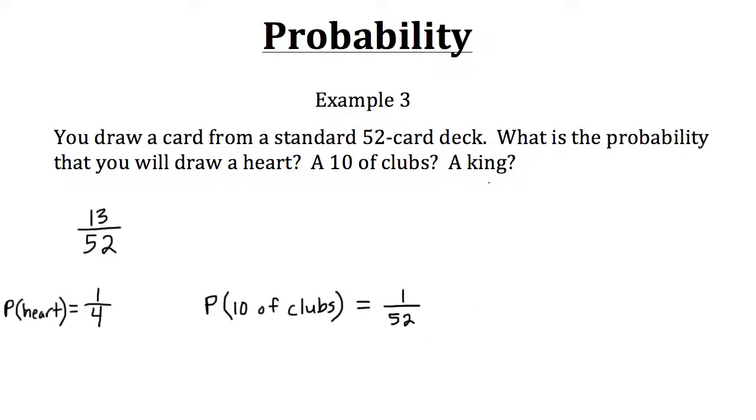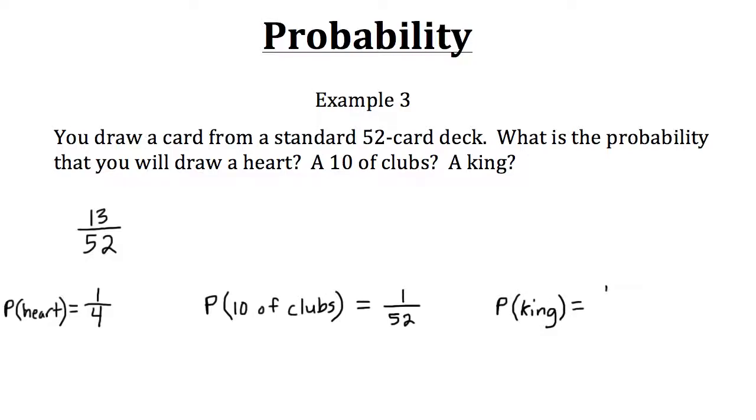Now we have one more event. What's the probability of drawing a king? In a standard deck, there's one king for every suit. Since there are 4 suits, that means there are 4 kings.